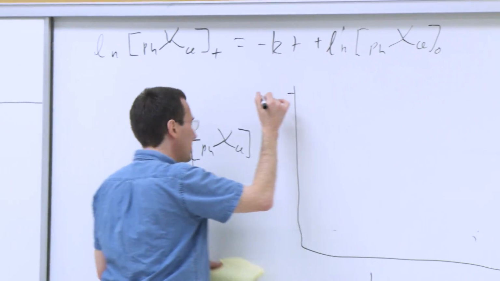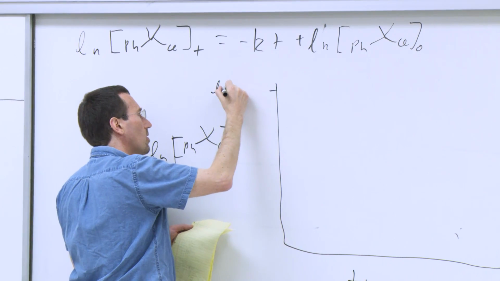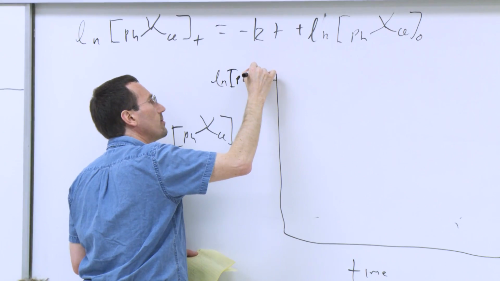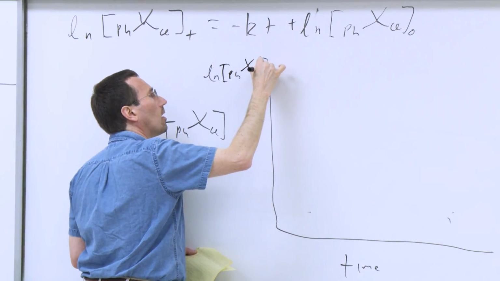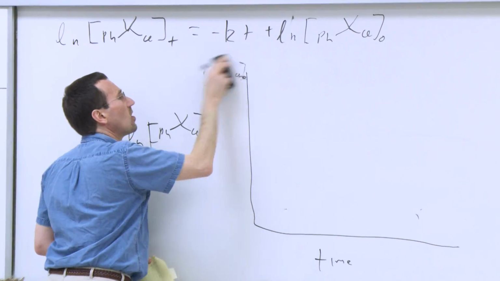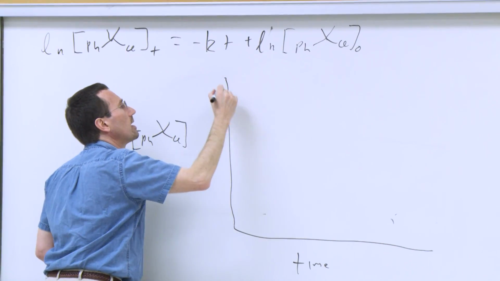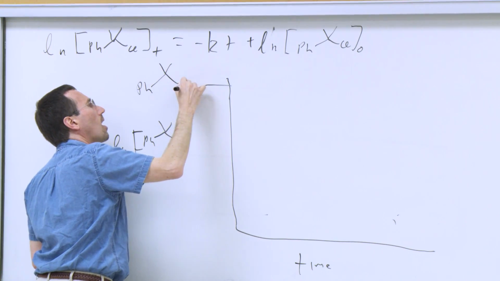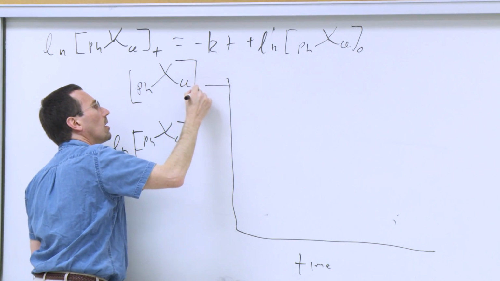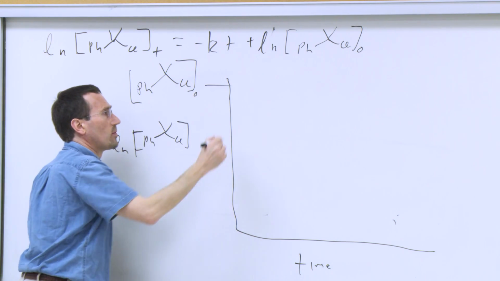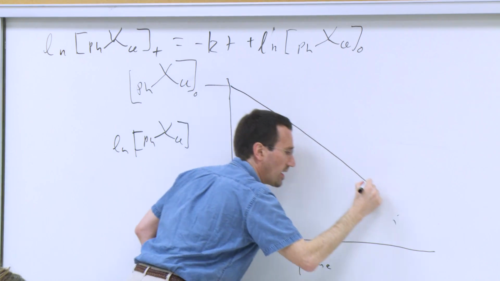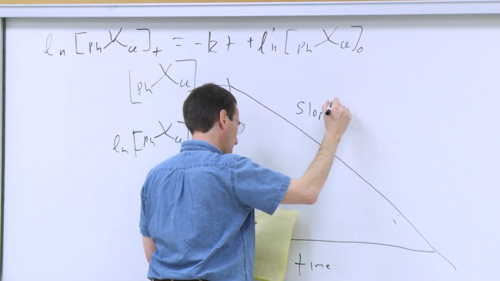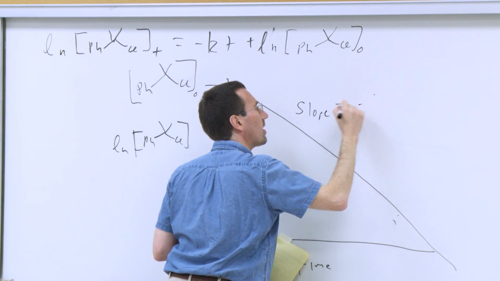We would start at time 0 with our concentration at time 0. That's really small and really hard to read. I'm going to put it a little bit bigger. And then we would expect a straight line graph like so, where the slope is equal to negative k.